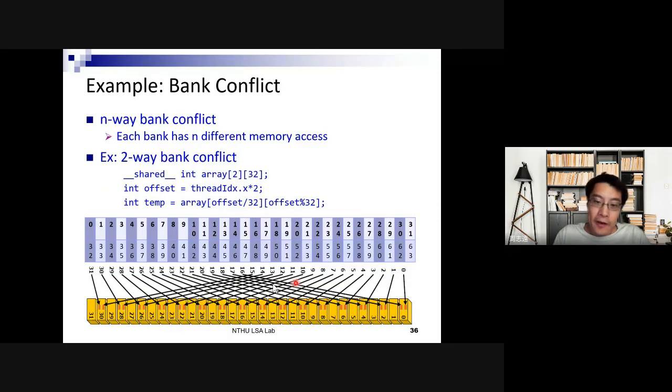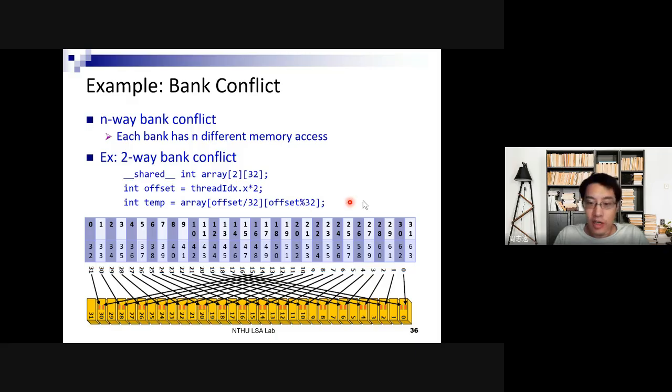So you can imagine it is possible to rewrite this code to avoid the two-way bank conflict. If we place those data at different positions of your shared memory, trying to spread out the data across all 32 banks, then it is possible to rewrite this code without bank conflict.